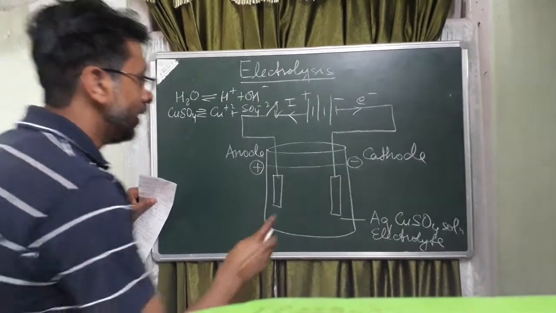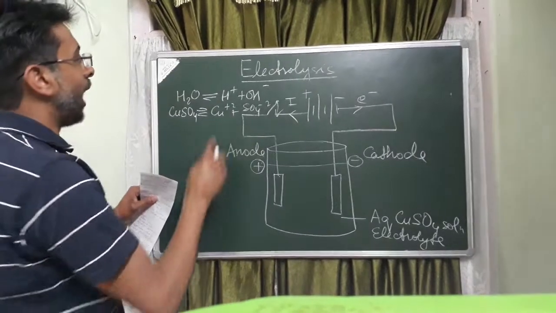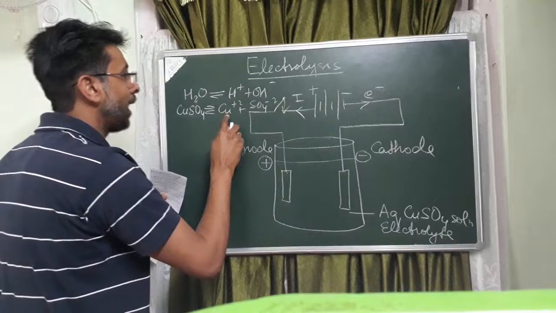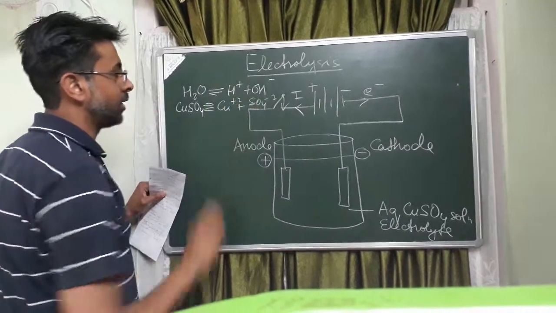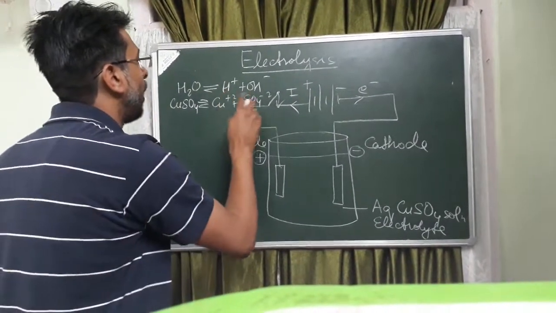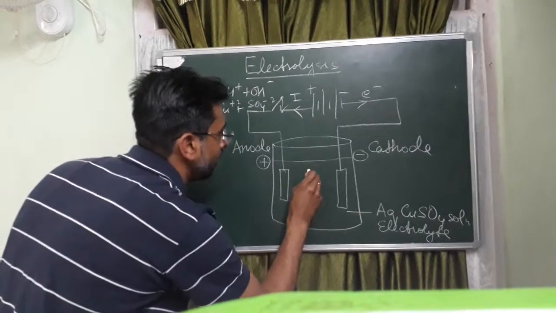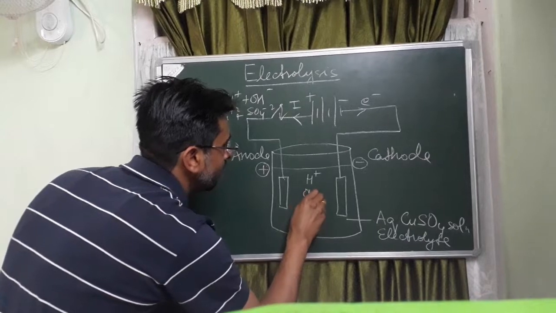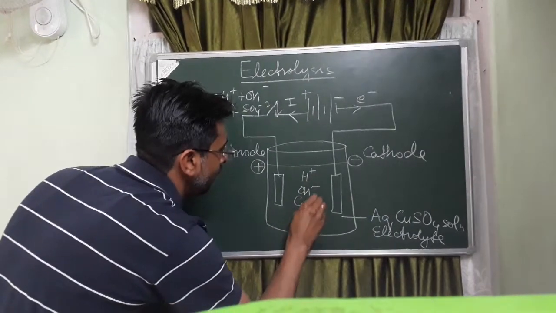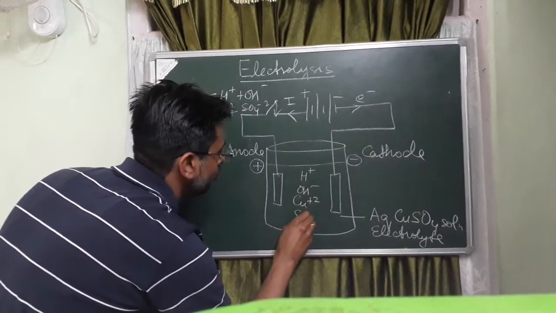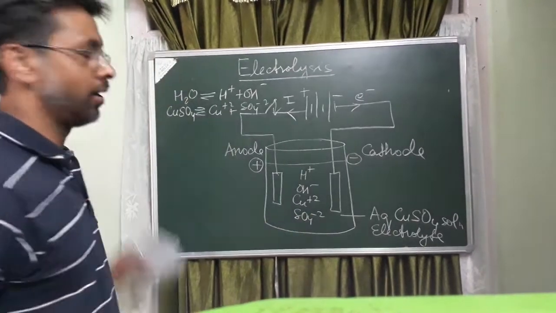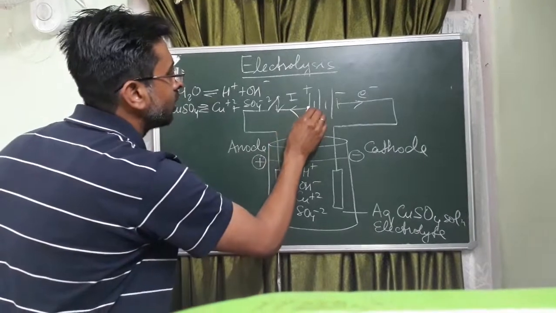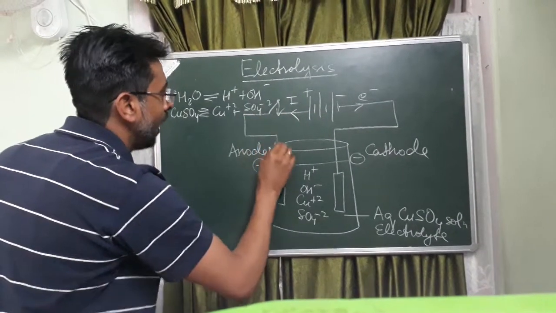So in this electrolytic solution, the ions present are hydrogen ion, hydroxyl ion, copper ion and sulfate ion. I am going to write these ions in this container: H plus, OH minus, Cu plus 2 and SO4 minus 2.